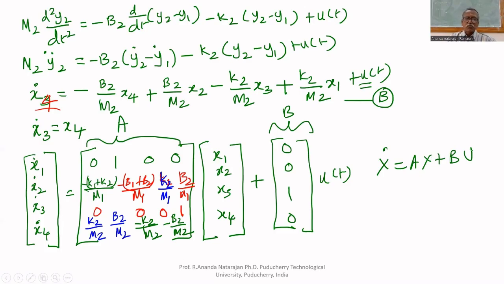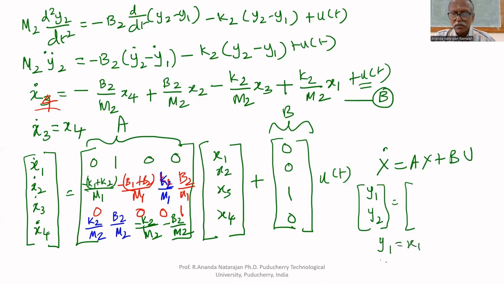Suppose you want to write the output equation. What are all the outputs? Y1 and Y2 are outputs. Y1 equal to x1, Y2 equal to x3.